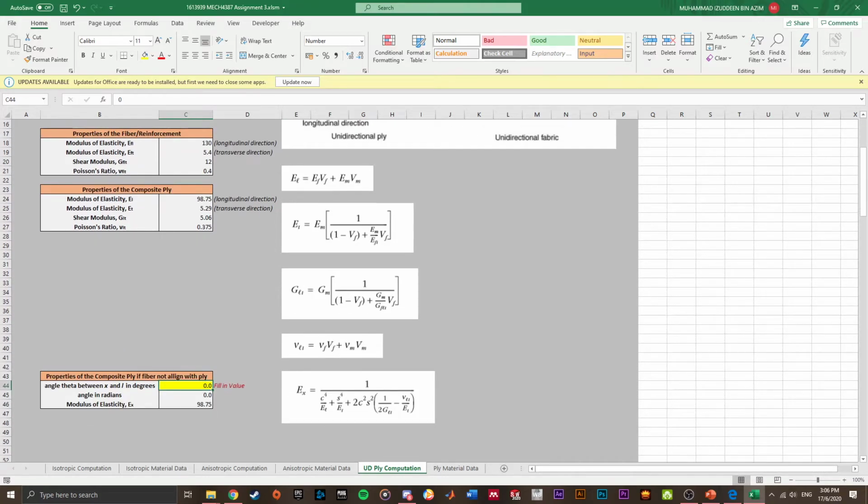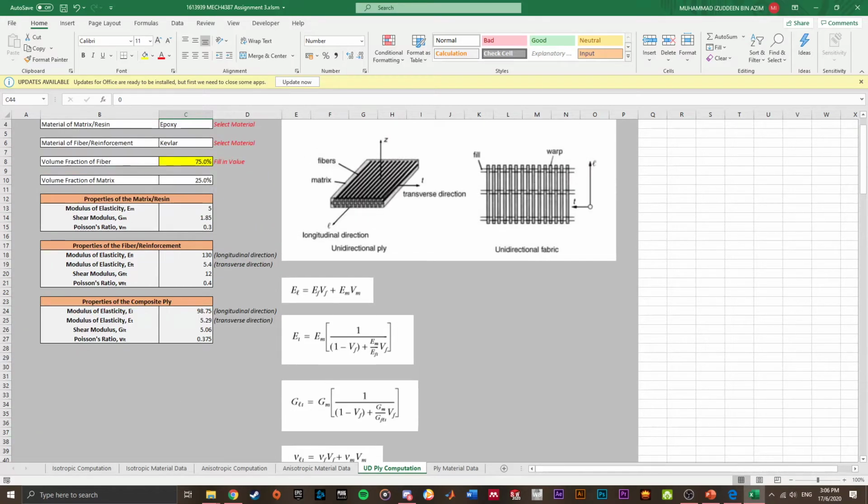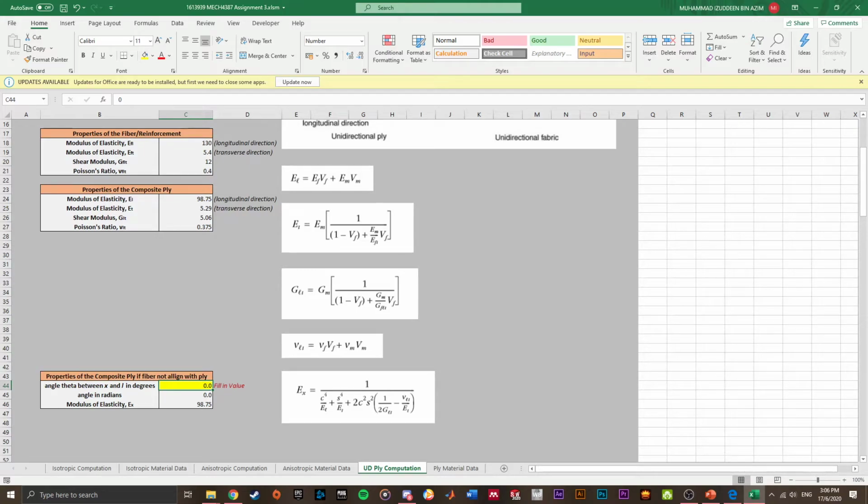Okay, now this is the factor that affects the modulus of elasticity. We can see here, if the angle between the fiber and matrix is, let's say we take 50. Okay, you see the modulus of elasticity is changed.